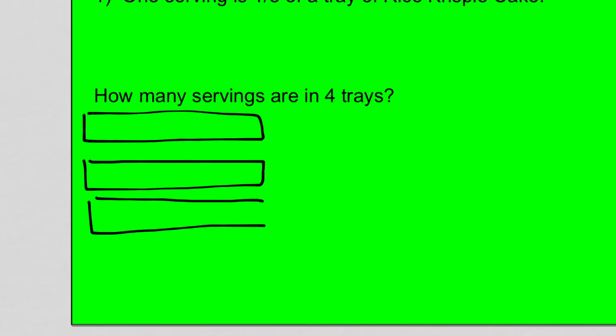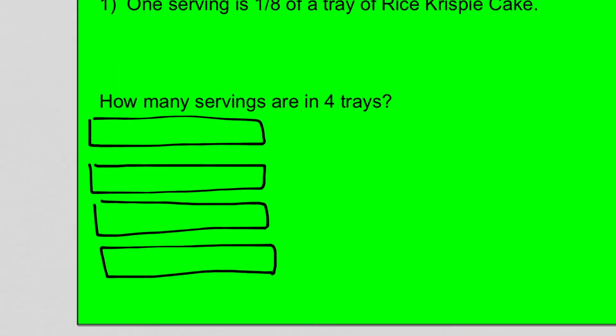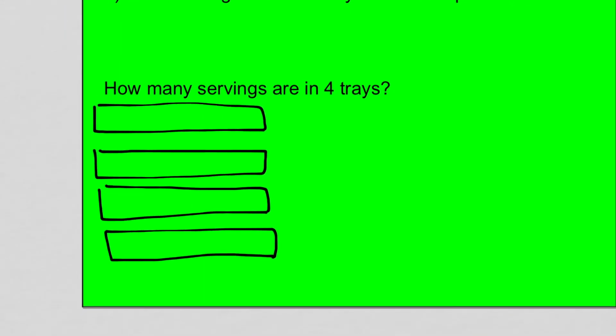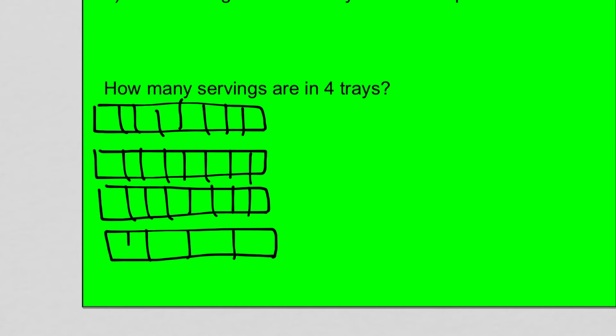I'll use rectangles to draw those 4 trays. And I'll cut them into 8 parts, because it says one serving is 1/8. So I'll go half, quarter, quarter, eighth, eighth, eighth, eighth, and repeat that for each of the trays.